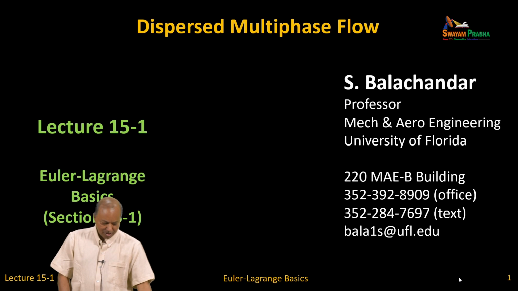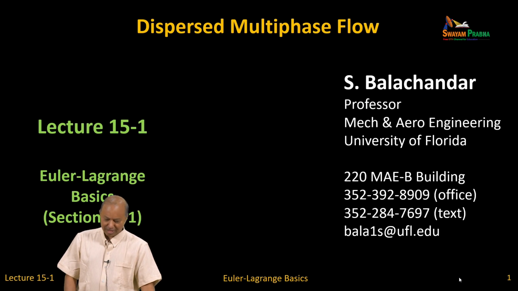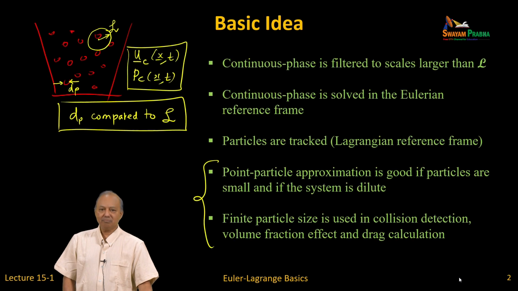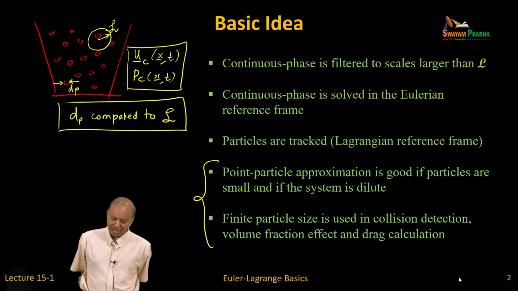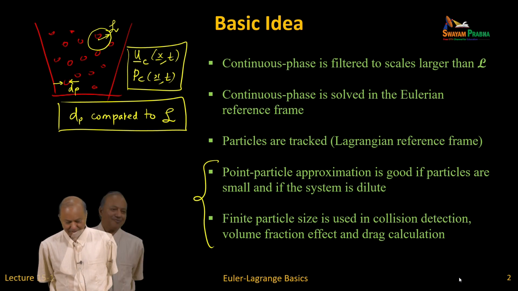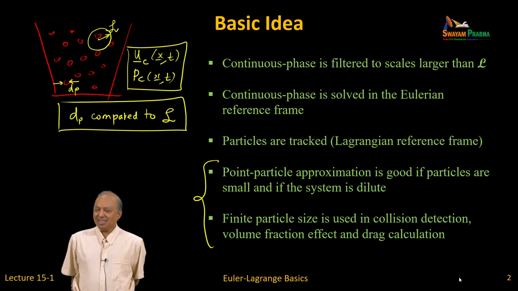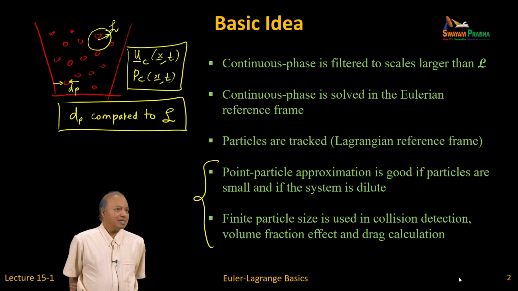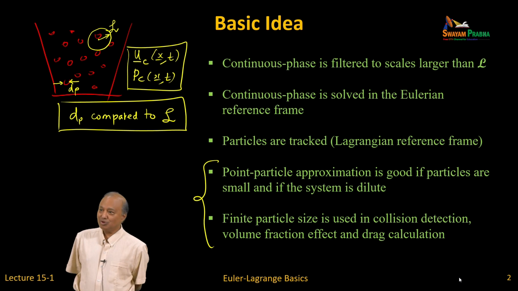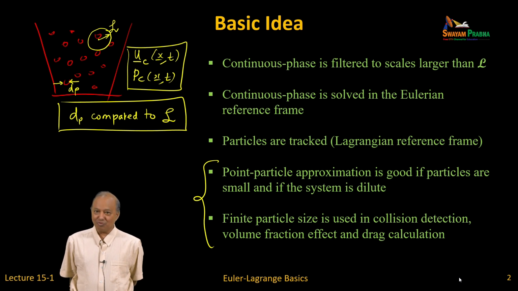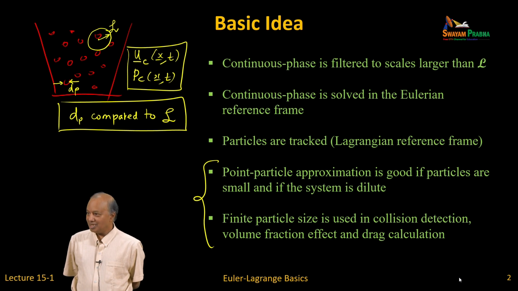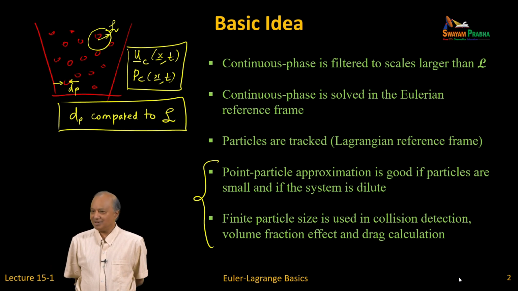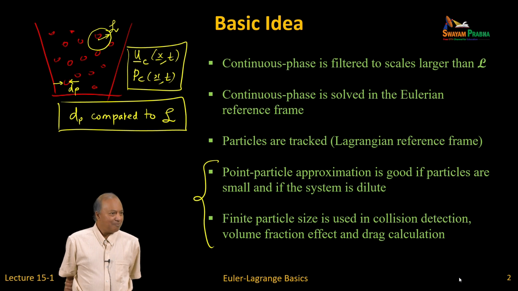So what we're talking about in the next few slides is Euler-Lagrange methods. In this set of slides, I'm mostly going to talk only about basics. First of all, I want to say there is a filter with L. When you use the Euler-Lagrange governing equation, whether you have filtered or not, once you're solving a certain fluid, you have implicitly filtered.